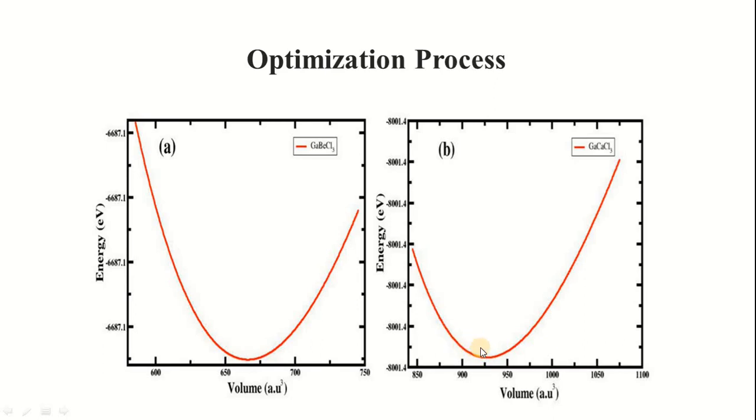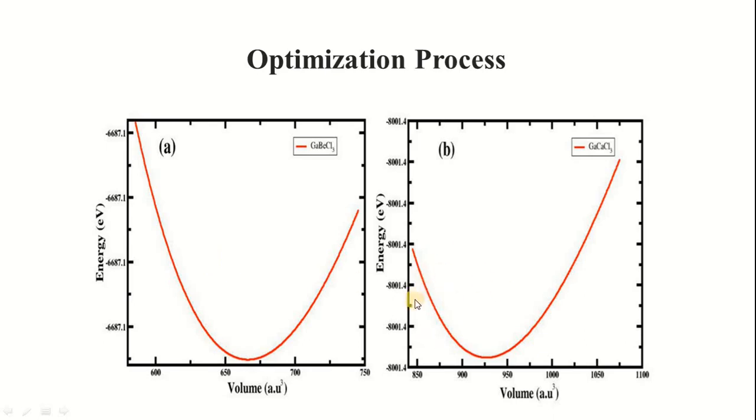Now look at the ground state parameters, which are obtained by using the volume optimizations, for example equilibrium lattice constant, bulk modulus, pressure derivative of the bulk modulus, ground state energy and ground state volume. Now if we look at the curves of these two graphs, here the optimization curve is sharper than the first one.